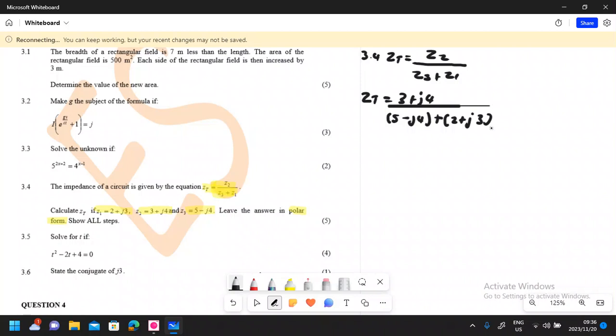I hope you can see. Now, first of all, the numerator, there's nothing we can do. We just leave it like that. And then on the denominator, let's remove the brackets. Can we remove the brackets on the denominator? Because this is plus, so the brackets we can just remove them. So we're gonna have 5 minus j4 plus 2 plus j3. There we go.